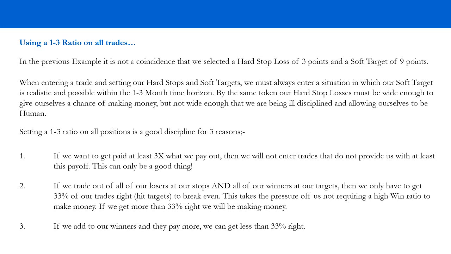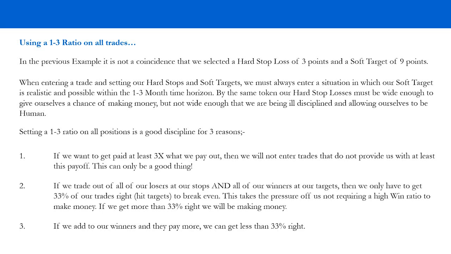So if 2/3 of our trades go wrong and we get stopped out, but 1/3 of our trades go right and hit our targets, we break even. And this takes the pressure off us, not requiring a very high win ratio to make money.